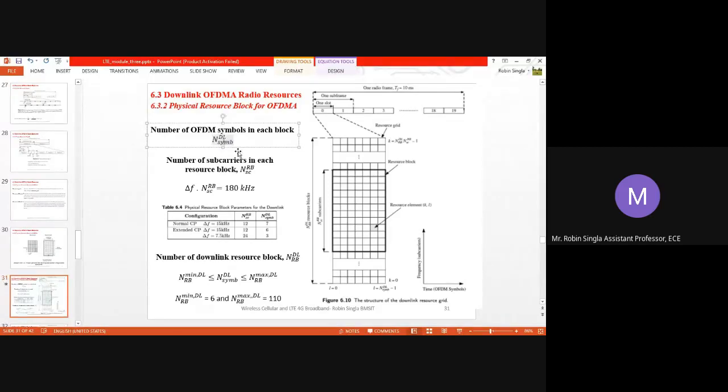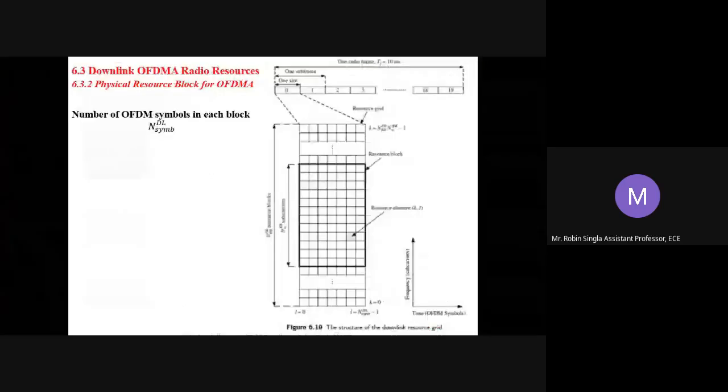Now you see here at the bottom, it goes from 0 to N DL symbol minus 1.